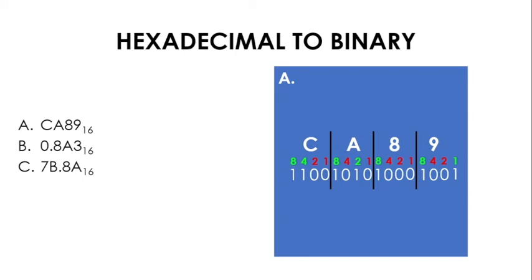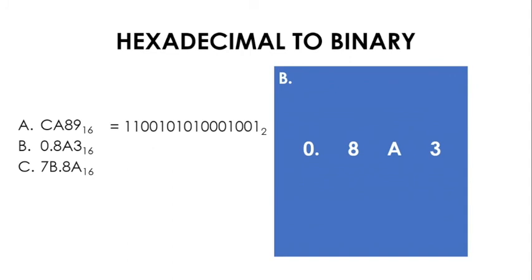So the final answer, the binary equivalent of CA89 hexadecimal is 1100101010001001.